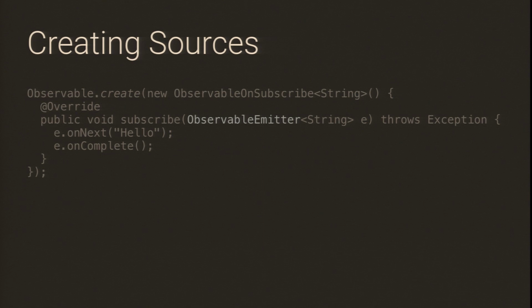So when you subscribe to this type, this subscribe method will be called, and you get a wrapper around the person that's listening to you, and then you can just shove data into them. So in this case, I'm doing it synchronously, where I'm just sending a value and then completing the stream.